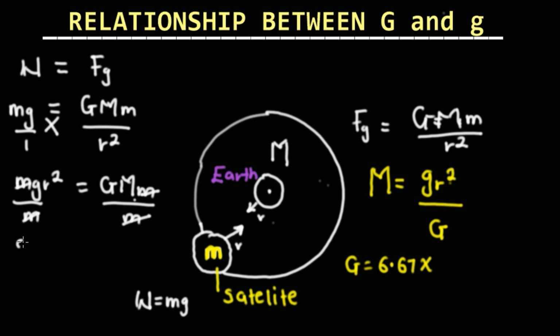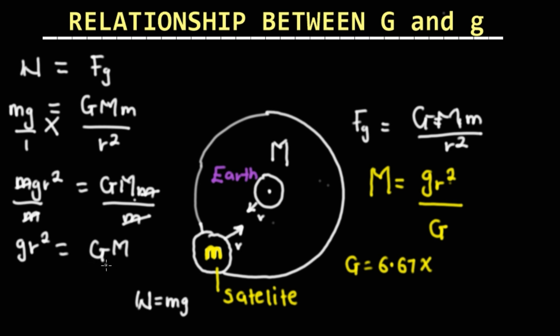We are now left with g r squared equal to G M, and because we want to look for the mass of the Earth, this is the relationship that joins big G and small g.